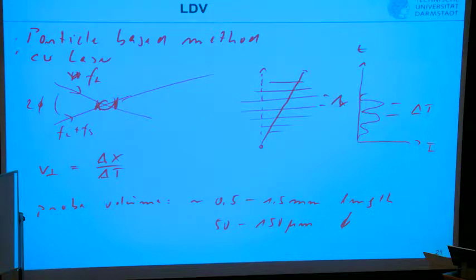Okay, so this was the basic principle. It's a robust technique that allows you to deduce single point statistics, mean values, variances, and as well, if you do correlation measurements in time, for example, to come up with length scales like the integral length scale, the temporal length scale, which can be then deduced or transformed to a power spectral density.